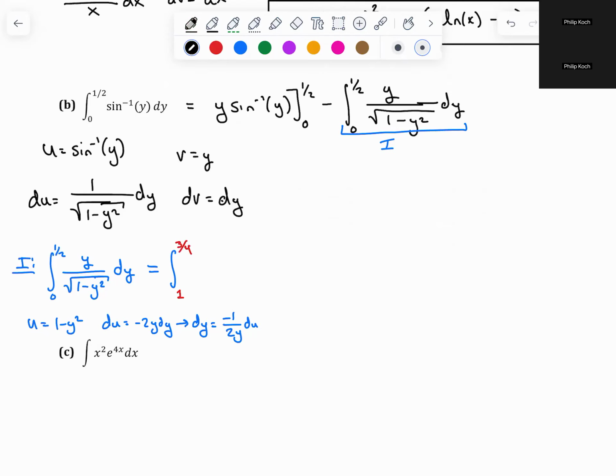So we've got y over the square root of u times negative 1 over 2y. The y's cancel. We've got the integral from 1 to 3/4 of negative 1/2 u to the negative 1/2, excuse me.